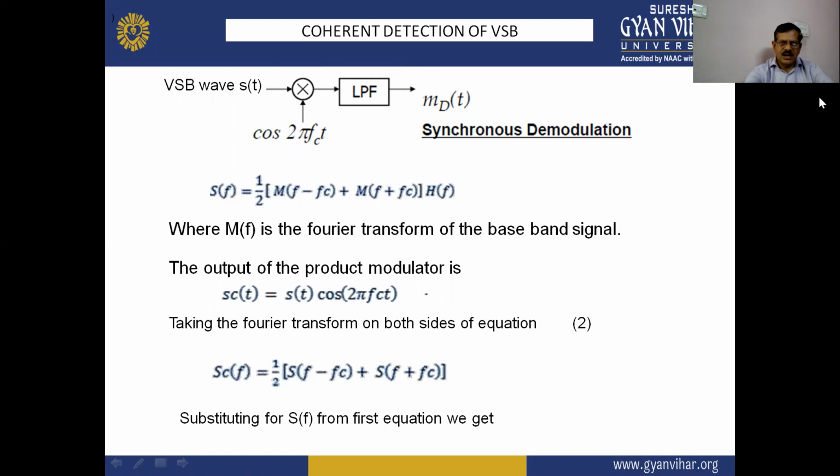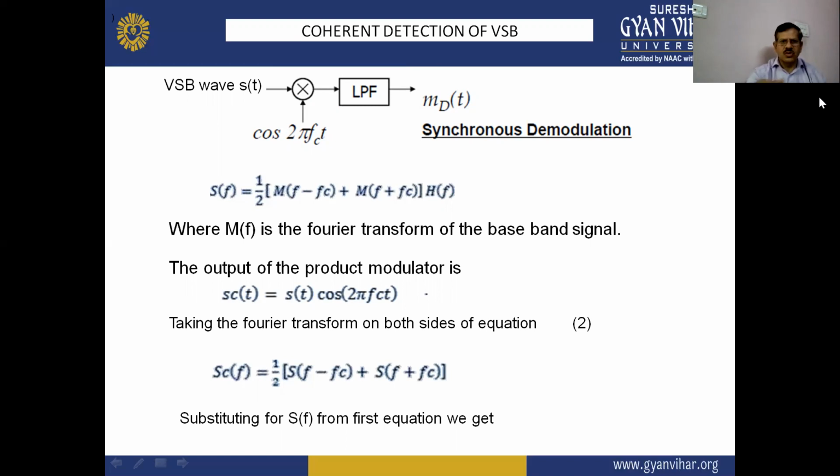After the multiplication of these two signals, the low pass filter output is m(t), the synchronously demodulated signal. S(f) equals 1 upon 2 [M(f minus f_c) plus M(f plus f_c)] multiplied by H(f), where M(f) is the Fourier transform of the baseband signal.